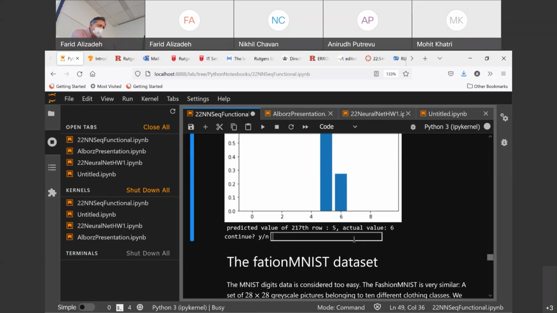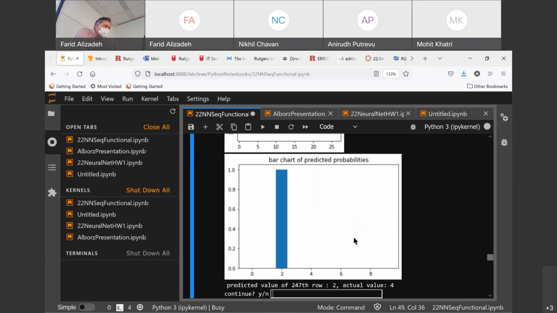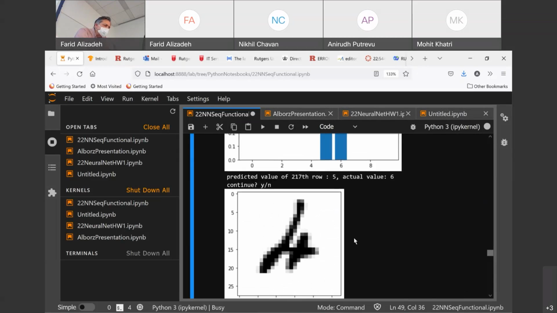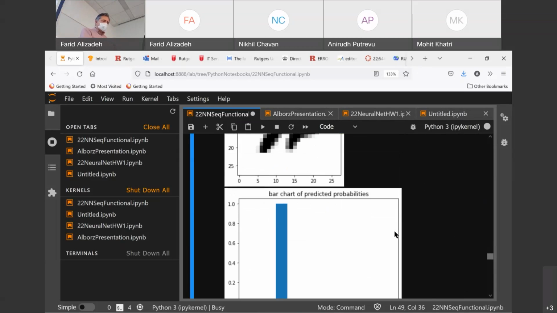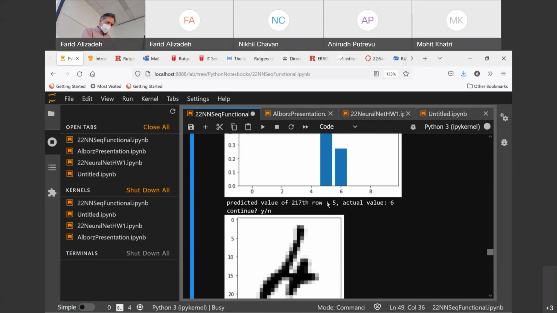Yeah, I mixed up something. I have to fix this. Anyway, but it gives you the probabilities. These are wrong. I can see that these are wrong. I probably mixed up the indexing.